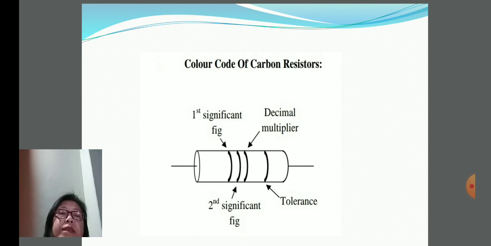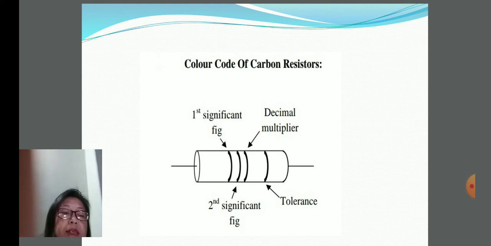In some carbon resistors you will find only 3 rings also. Colors are etched here, which I have drawn. It has first significant, second significant, decimal multiplier, and tolerance, like that I have shown here. Now what do the first significant, second significant, decimal multiplier and tolerance indicate?